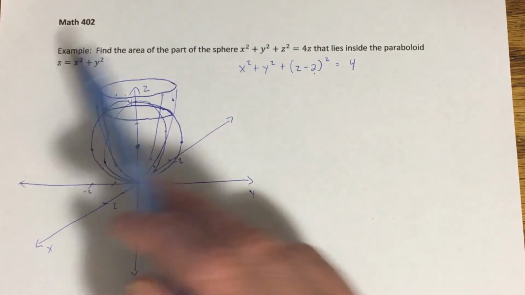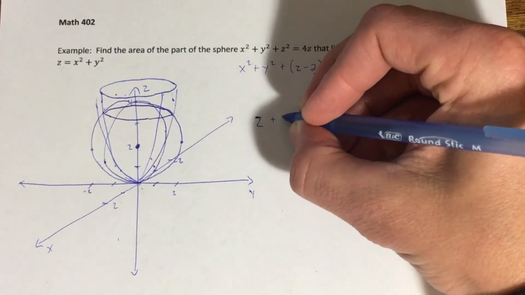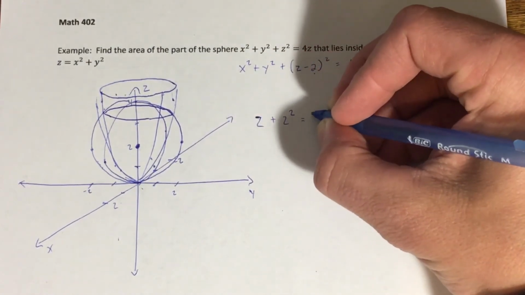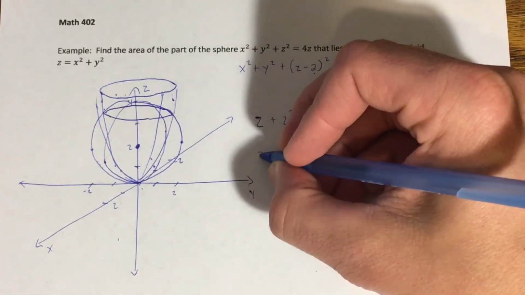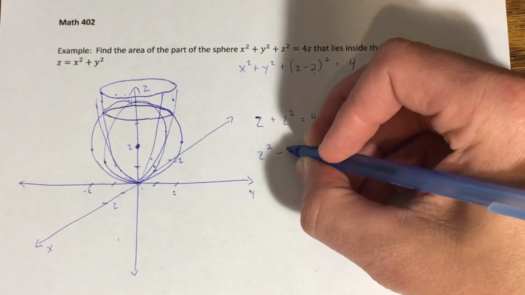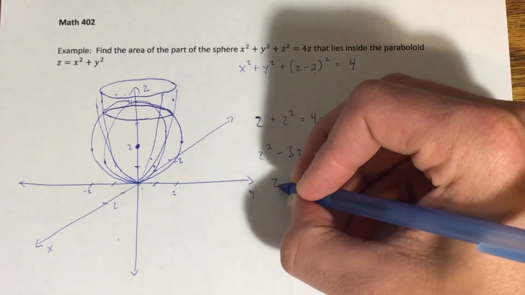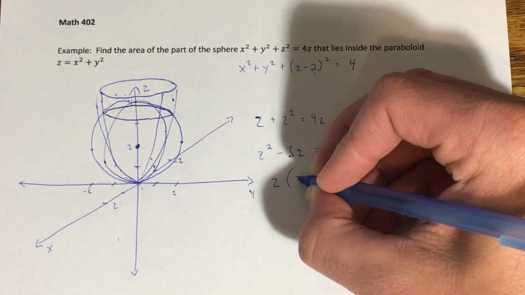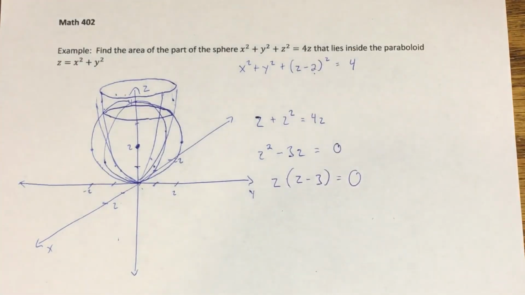So if I substitute z in for the x squared plus y squared here, I'm going to get z plus z squared equals 4z. Or equivalently, z squared minus 3z equals 0, or z times z minus 3 equals 0.